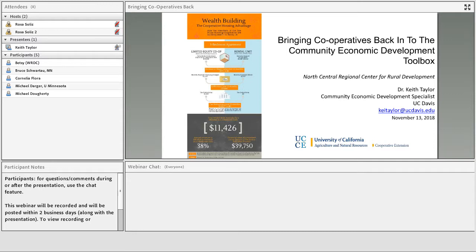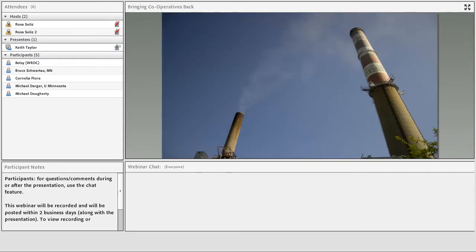But what I want to do is hop right in and talk about some of the problems that we have with the current modes of economic development. What you see here are 2 smokestacks. This is symbolic of how we've gone about economic development, this idea of smokestack chasing. If we want to create jobs in our local community, we're going to go out and seek a big company to come in and build a factory.